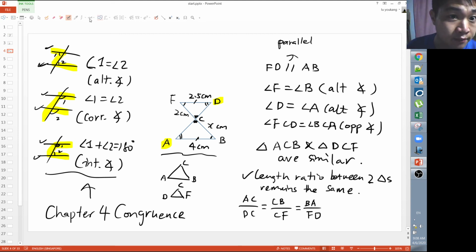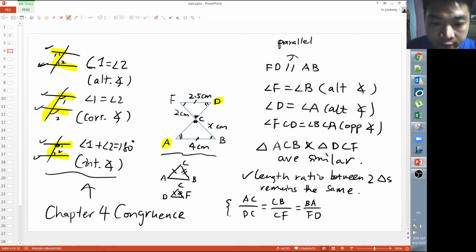I hope you can see, if the points match already, your side AC matches the side DC here, your side CB matches your CF here, and last but not least, your BA matches your FD here. Therefore, the length ratio between the two triangles remains the same.